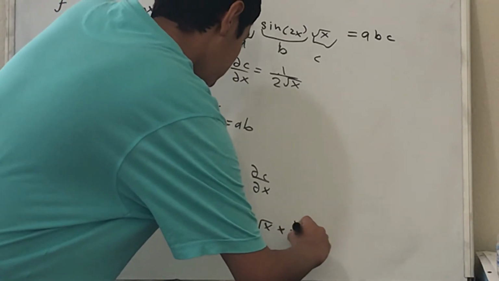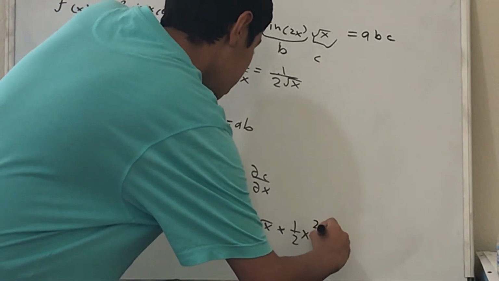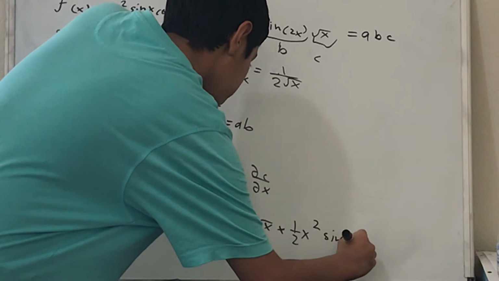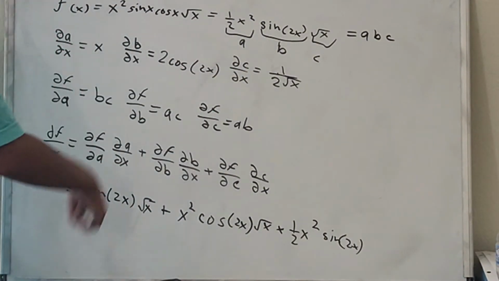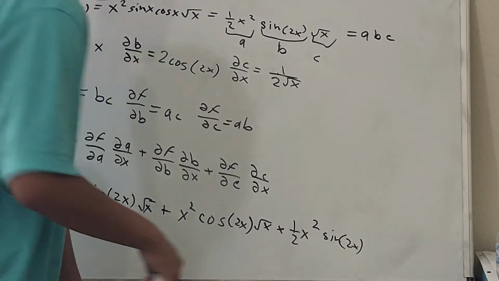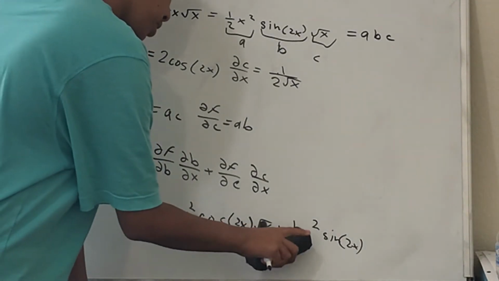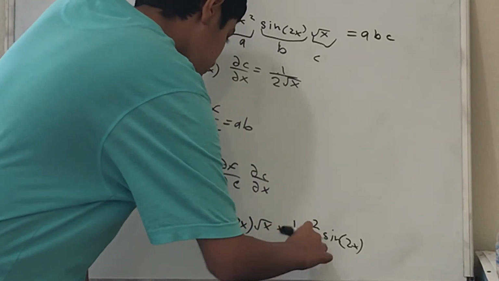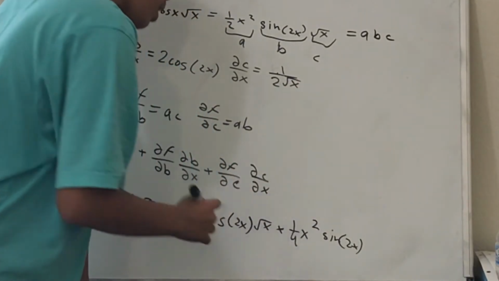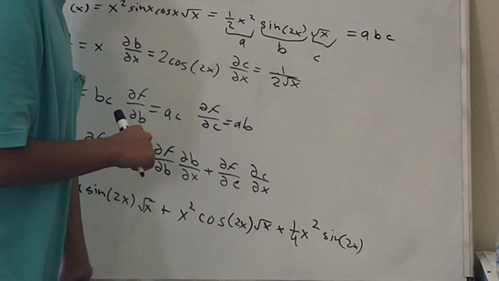So 1/2 x squared sine of 2x times dC/dx, or the 1/2 and the 1/2 become a 1/4, and then x squared divided by x square root of x.